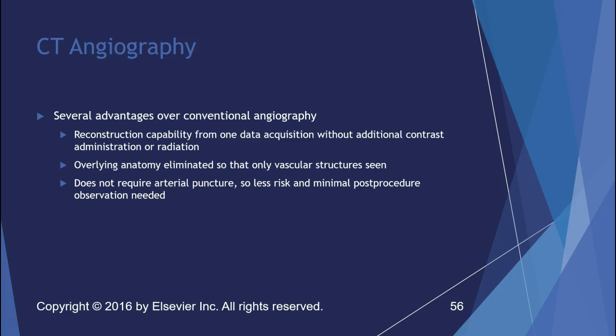The difference with CT is since we're taking these pictures in a 360-degree angle of all the body parts, we can map out the bone and just leave the vessels, and using their software, grow them into 3D structures, okay? It does not require an arterial puncture, so there's less risk, okay?